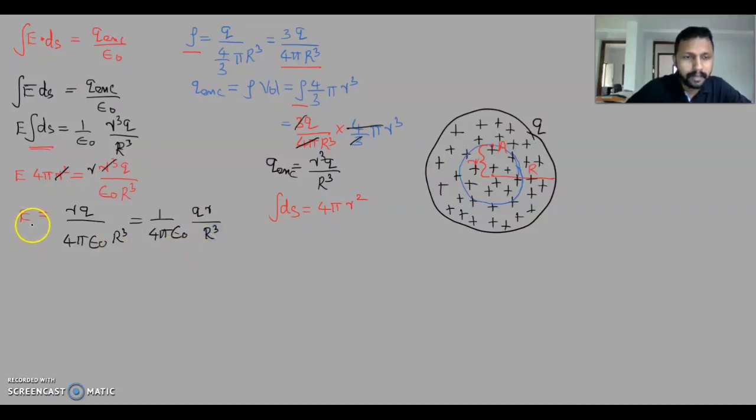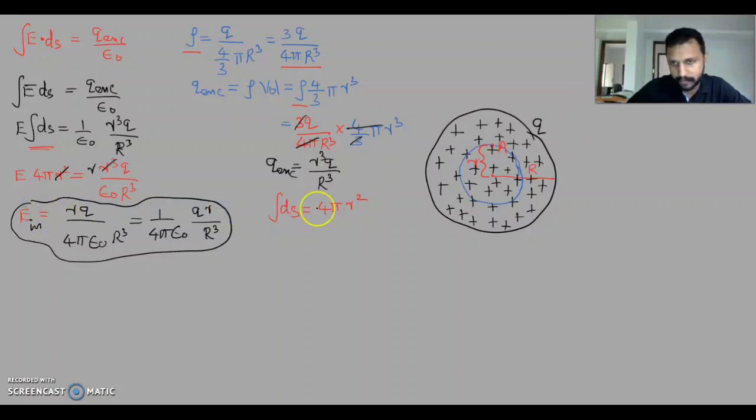Therefore, this is the expression for electric field intensity inside the Gaussian surface or inside the sphere. Electric field intensity inside the non-conducting solid sphere is 1 by 4 pi epsilon 0 QR divided by R cube.